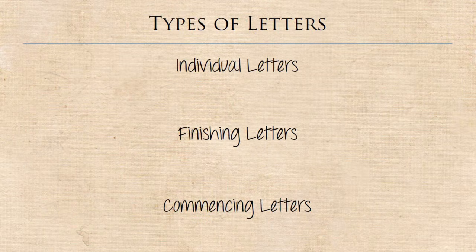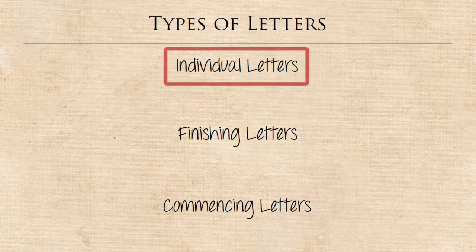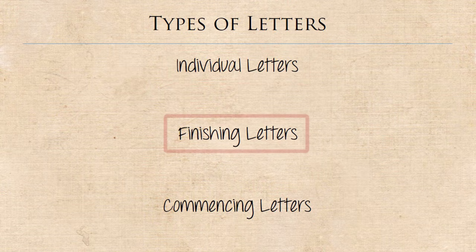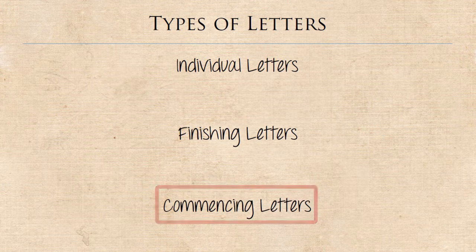And this basically leads us into our next point of discussion. So each one of the 19 Arabic calligraphy letters could be categorized in one of these three categories. So a letter could be an individual letter, a finishing letter, or a commencing letter.